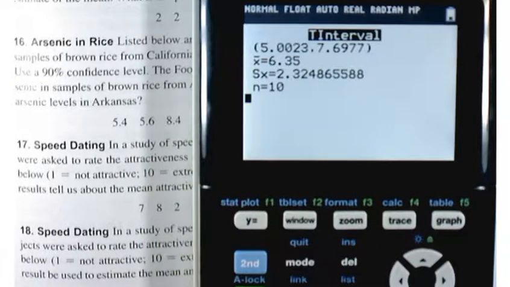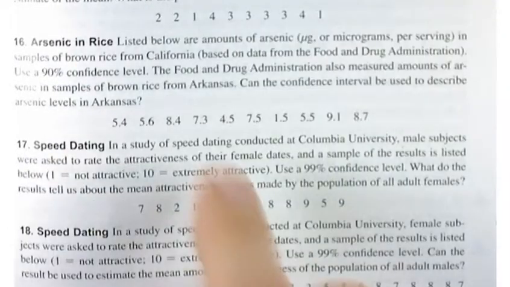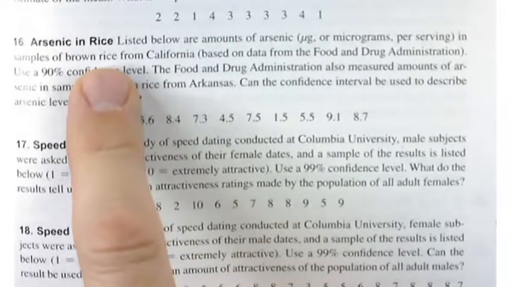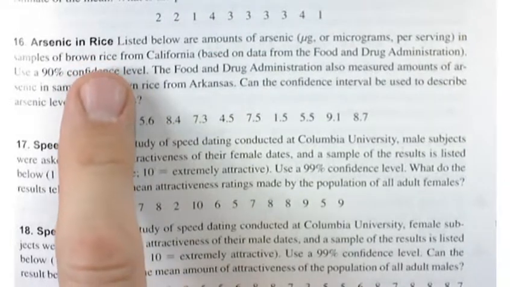Can someone state that for me in words? What would this be in words that relate to the problem? Connor, want to give that one a shot? Arsenic levels.